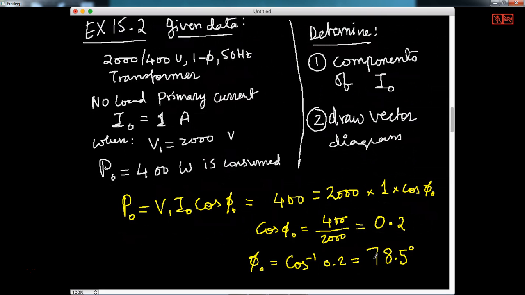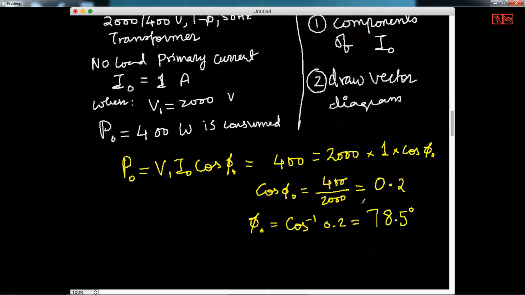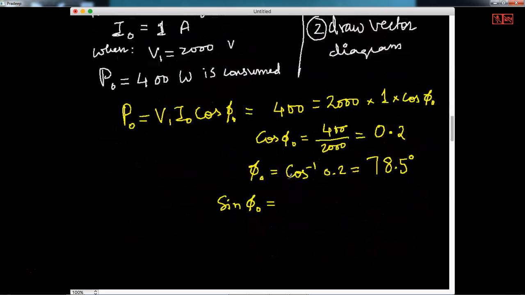Now let's calculate the components. Before that, let me also find the sine of phi naught. What is sine of phi naught? I just take the sine of this and I am getting 0.98.